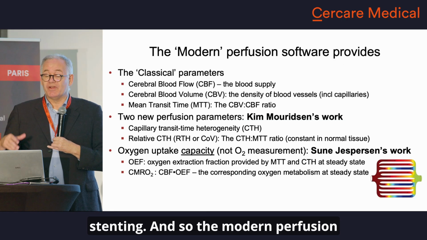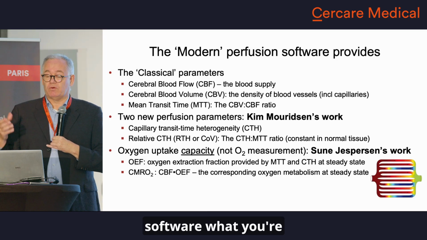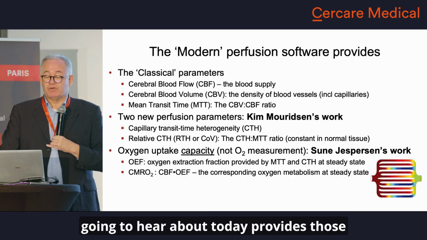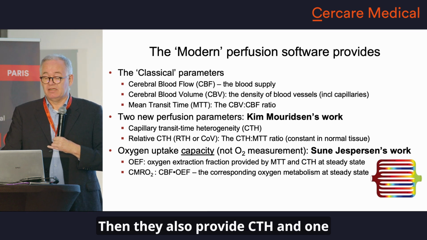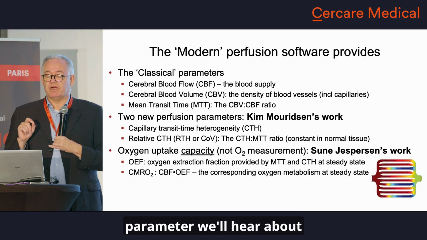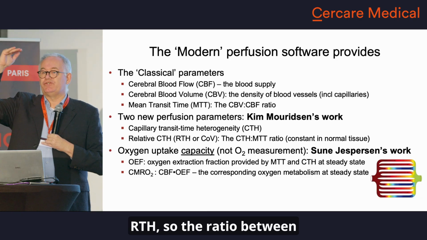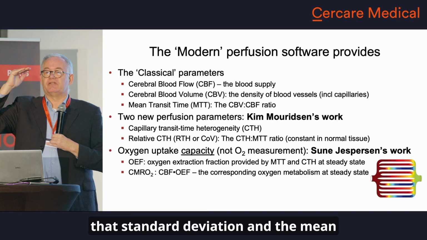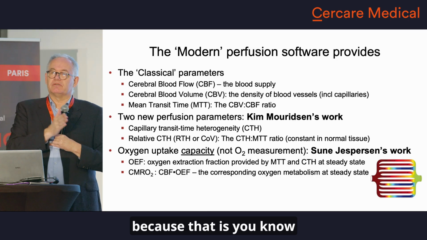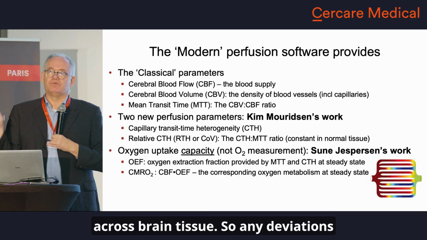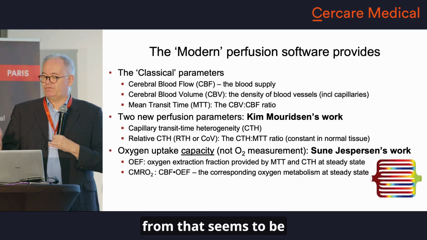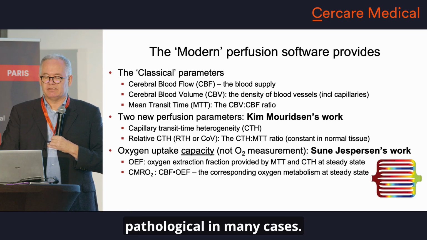The modern perfusion software you're going to hear about today provides those classical parameters you know already. Then it also provides CTH, and one parameter we'll hear about, RTH, the ratio between that standard deviation and the mean, because that is to a great extent preserved across brain tissue. So any deviation from that seems to be pathological in many cases.